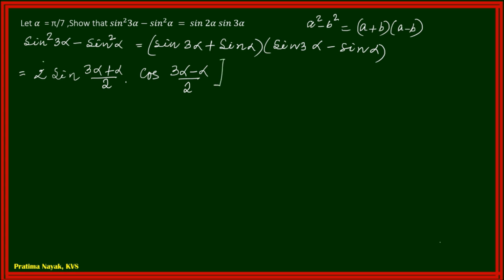Multiplied by sine 3 alpha minus sine alpha. We'll apply the formula for sine A minus sine B, that will be twice cos of (A plus B) by 2, so (3 alpha plus alpha) by 2, multiplied by sine of (3 alpha minus alpha) by 2.